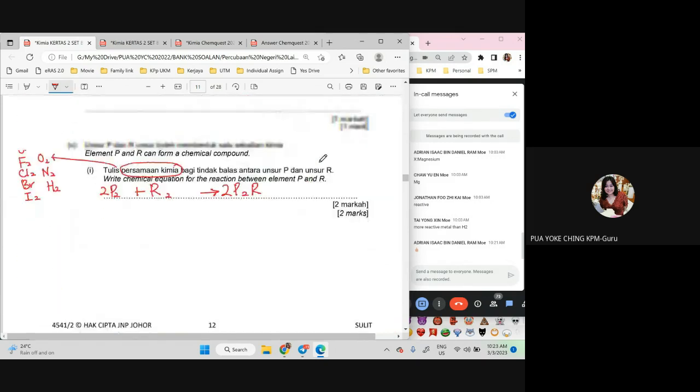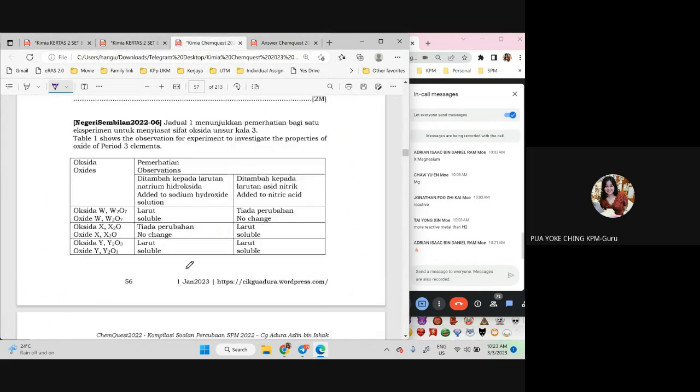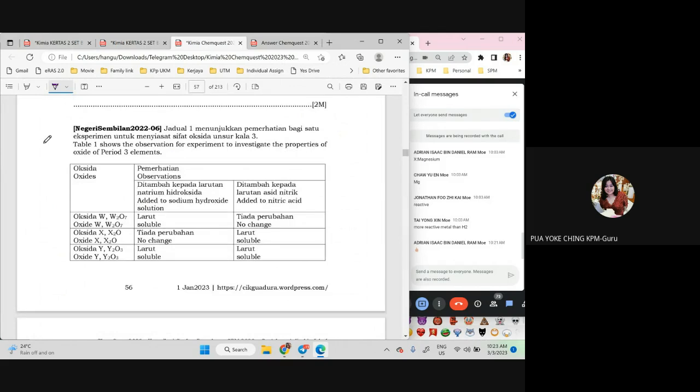Okay, if you want to go through the questions, you can check the example question of Negeri Sembilan 2022, question number 6. So this is oxide W, oxide X, oxide Y. This is sodium hydroxide, NaOH.